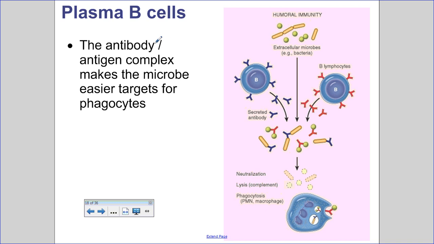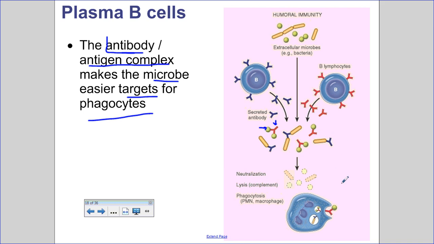As plasma B cells secrete their antibodies, and those antibodies bind to antigen, it creates what is called an antibody-antigen complex, meaning that you just have antibodies stuck to antigen, and ultimately this will make the microbe easier targets for the phagocytes, such as the macrophages.